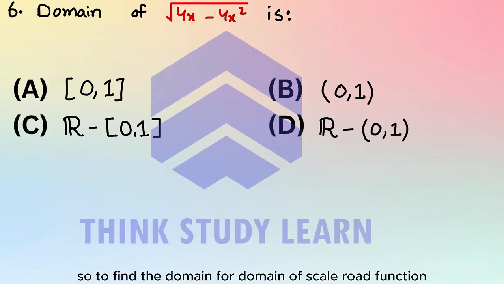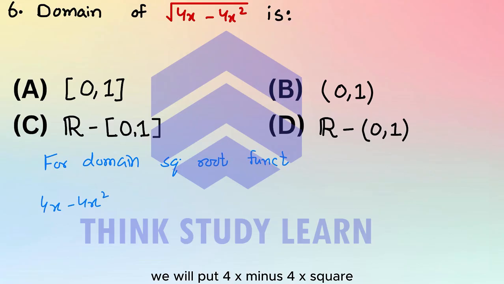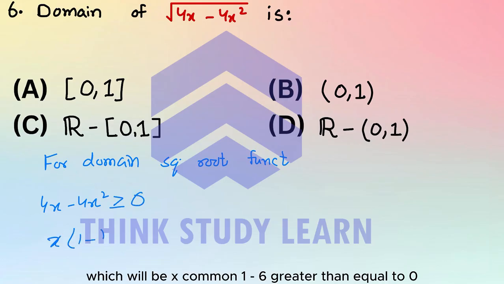So to find the domain, for domain of square root function, we will put 4x minus 4x square greater than or equal to 0. So now we will find the values of x, which will be x common, 1 minus x greater than or equal to 0.